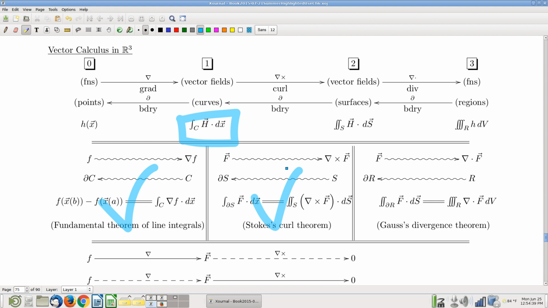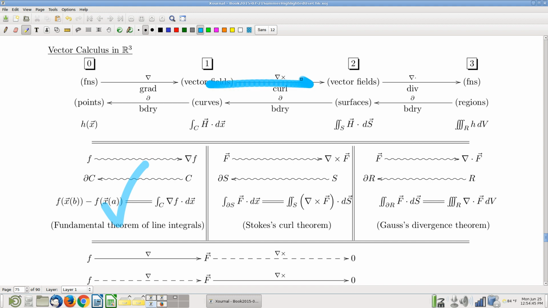And it's not hard to see. I mean, the point is, if this theorem applies, that means curl is 0. And if this theorem applies, that means you're doing a triple integral of 0, and that means that you get 0 every time. Right?